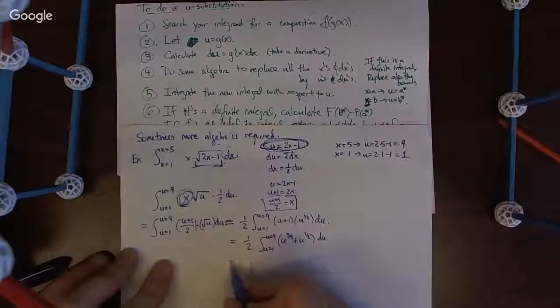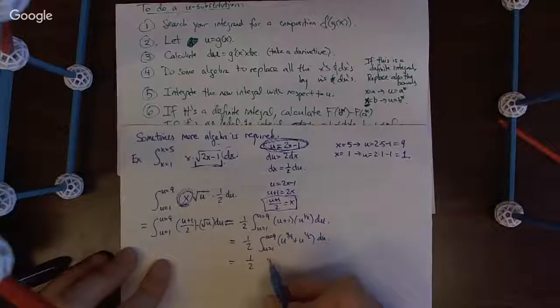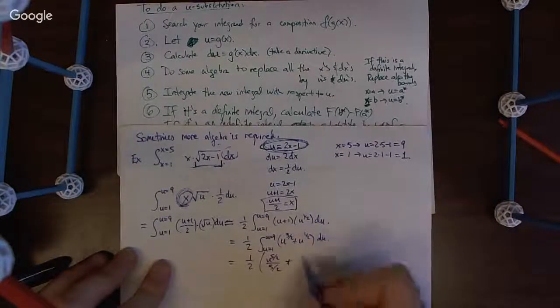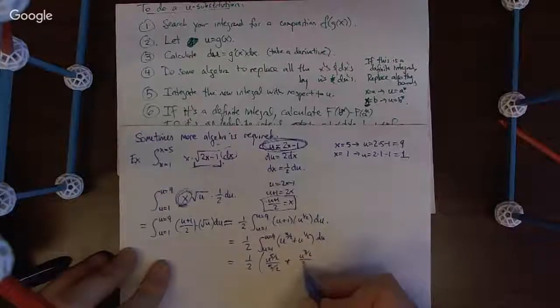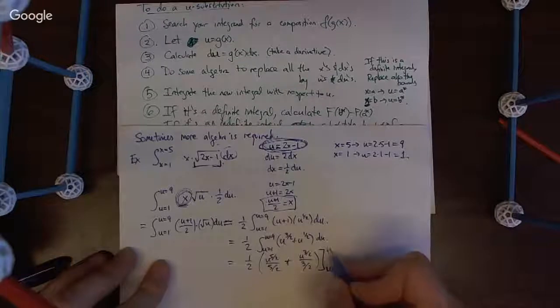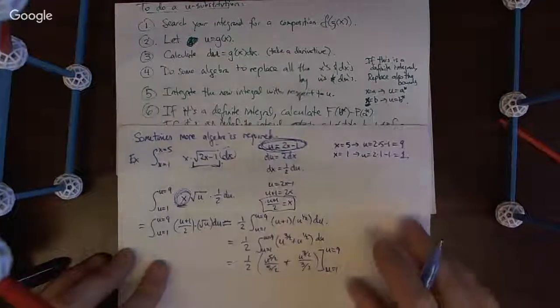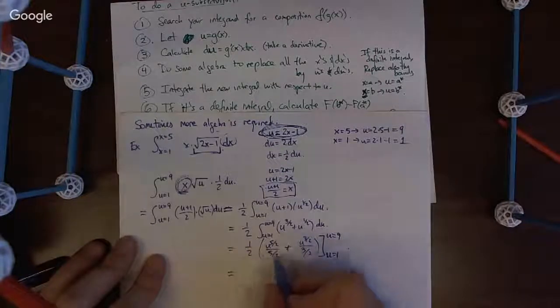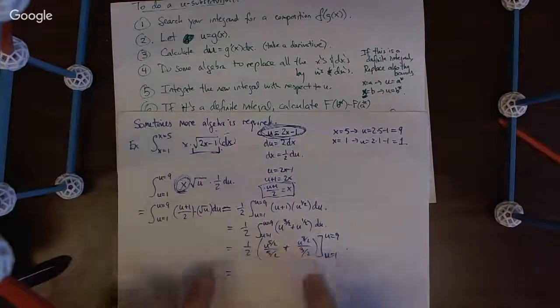And we integrate this, so 1/2 times u to the 5/2 over 5/2 plus u to the 3/2 over 3/2, evaluated from u equals 1 to u equals 9. Okay, let's simplify this again. We're going to split it apart.